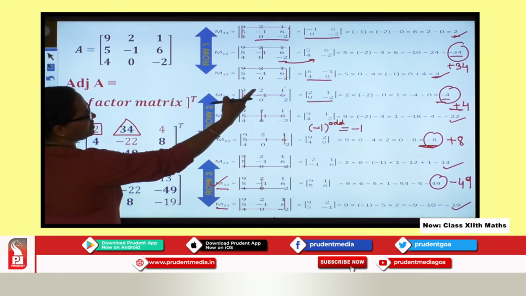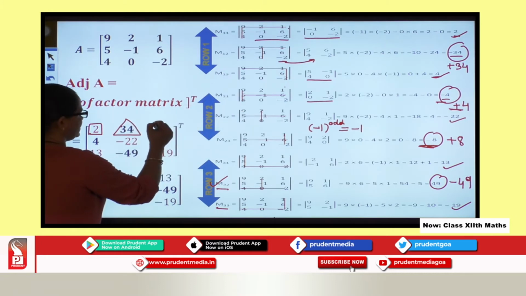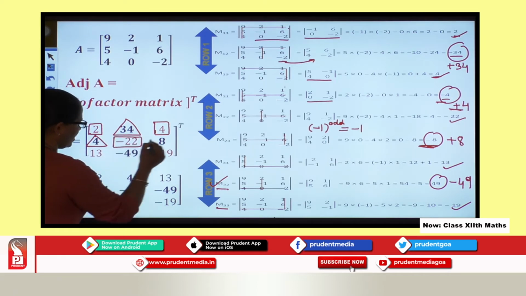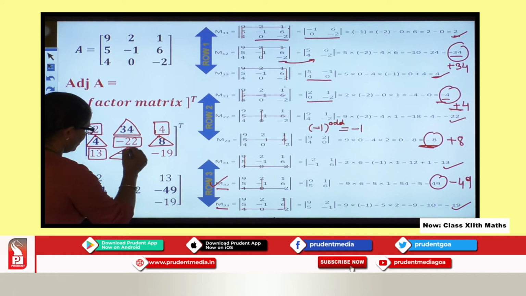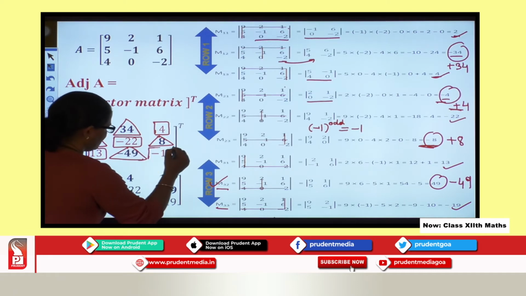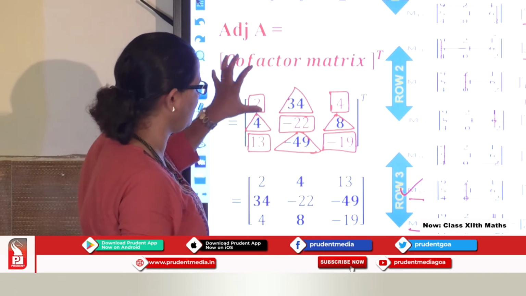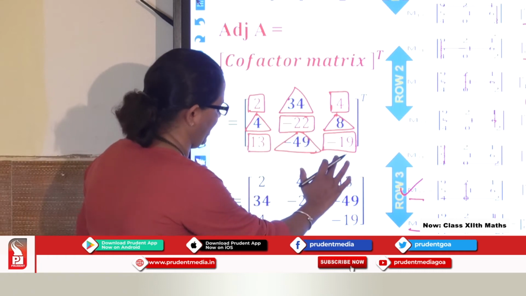I explained here, you get it as minus 34, it becomes plus 34. This is same, this will change, this is same, this will change. Same way, this will remain same and this will change again. Same way, this will remain same. Okay, so once you put all cofactors in their respective places, what you need to do is take the transpose.